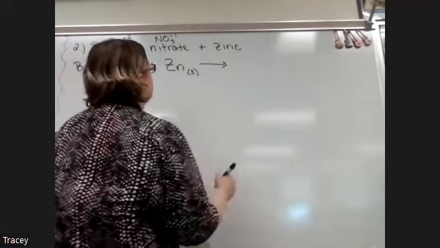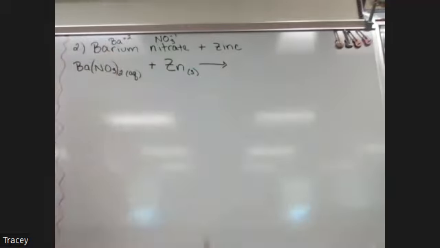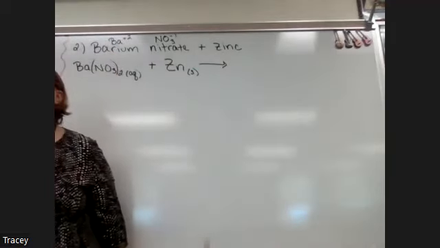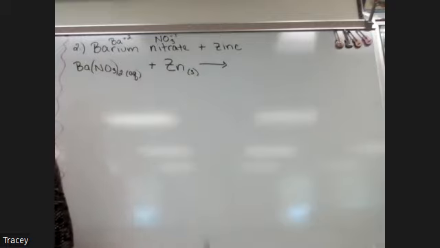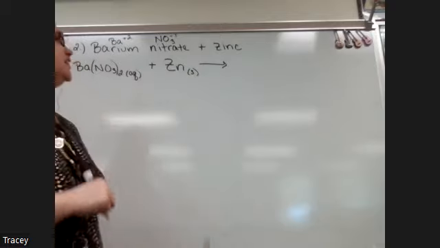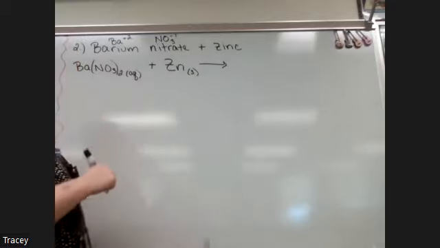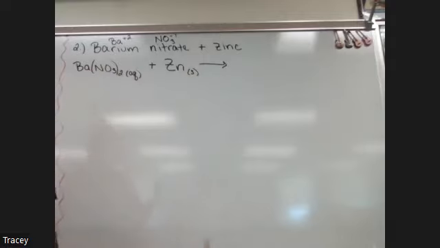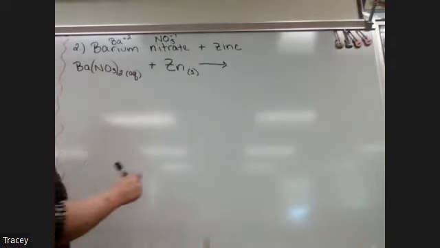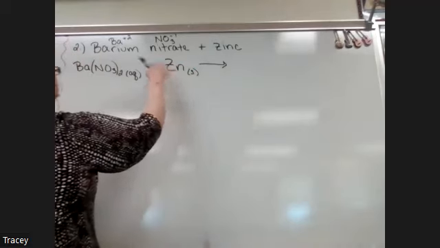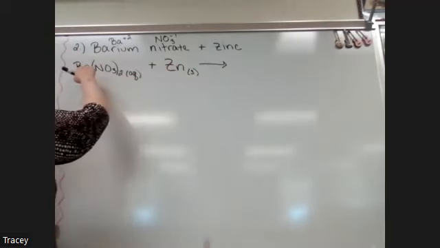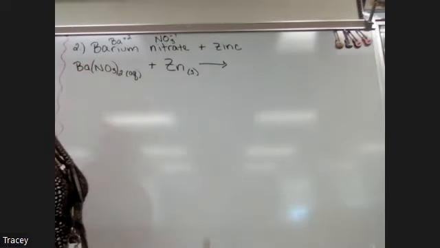So now we have to determine if a reaction takes place. We know that a reaction takes place if the metal by itself is higher on the activity series than the metal in the compound. So we need to see if Zn is higher on the activity series blue sheet than Ba. And it actually is not.